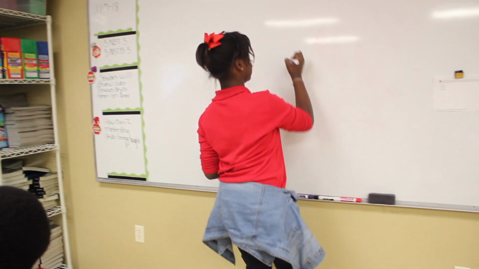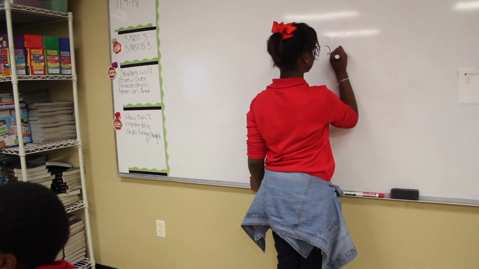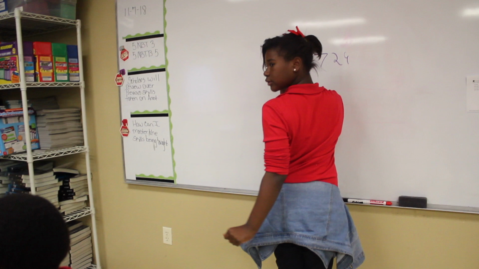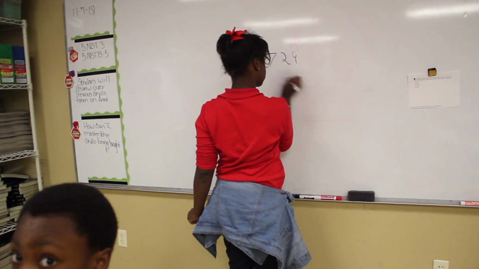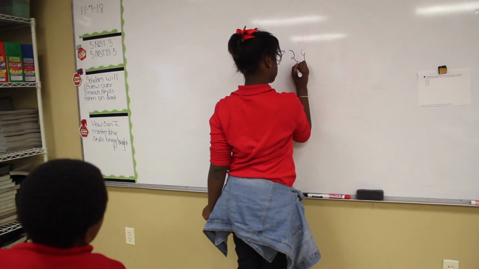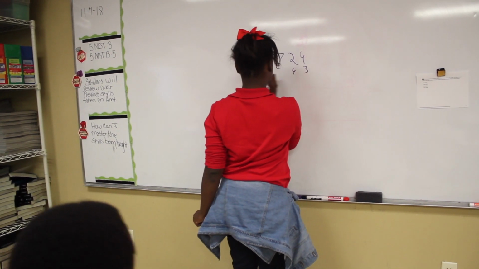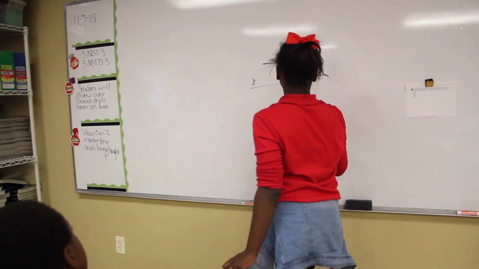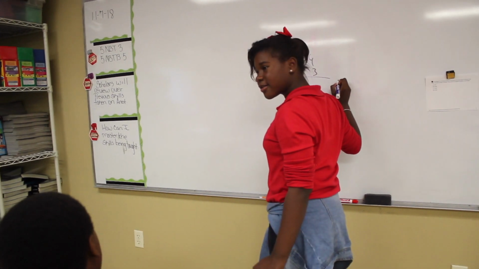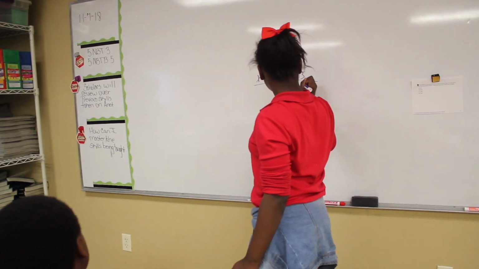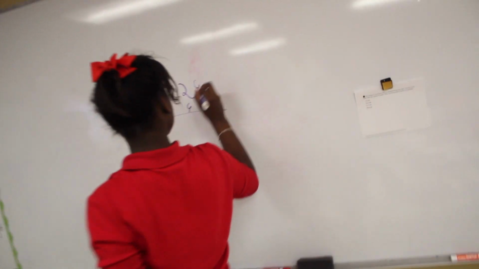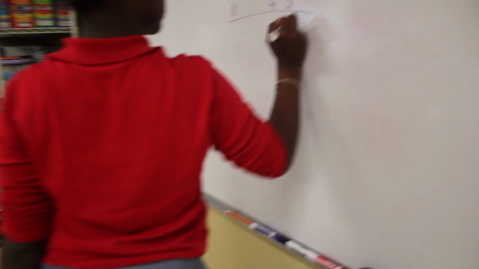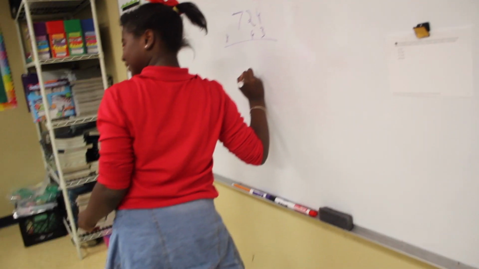729 multiplied by 63. 6 times 3 is 18. Wait, she said 9. 9 times 3 is 27.